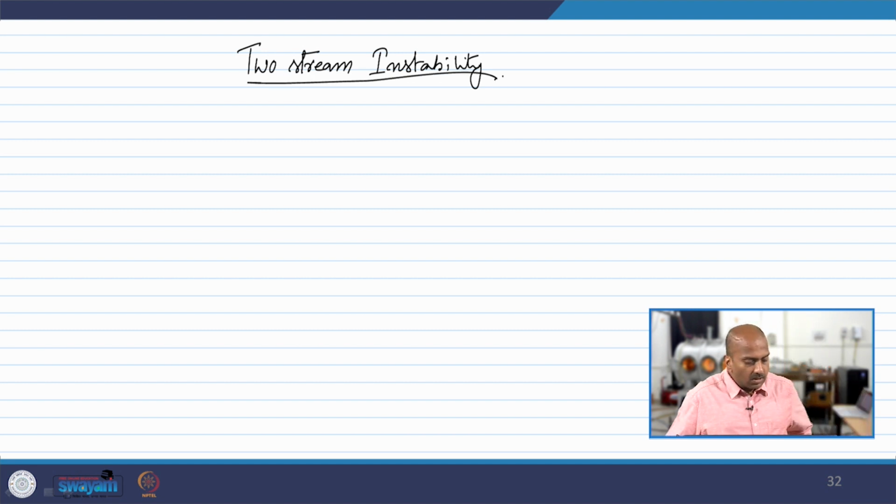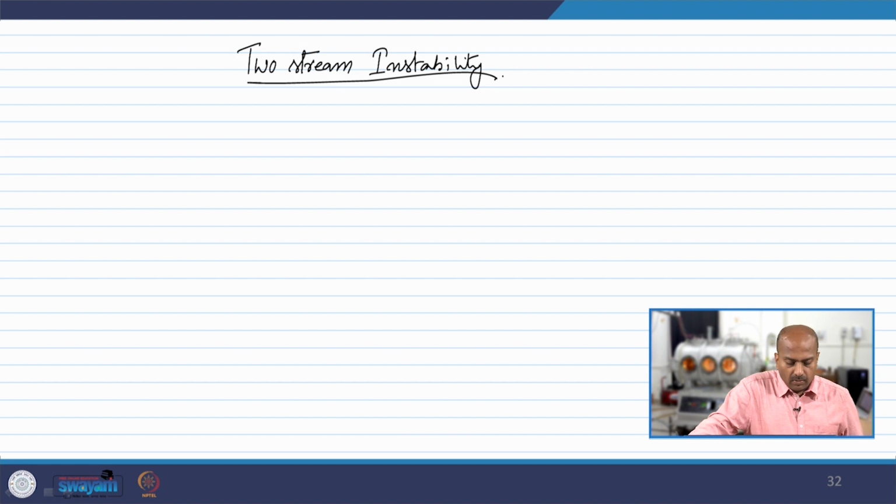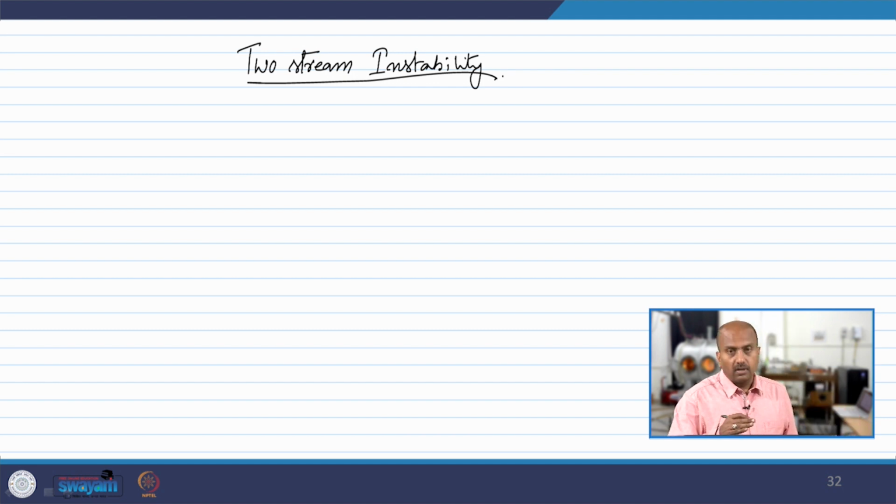What is a two-stream instability? We will just consider two fluids. As an example, we will consider streaming instability in which a uniform unmagnetized plasma in which electrons and ions are basically the two fluids, they are drifting with respect to each other. Now, we are not talking about a situation in which electrons and ions are moving with the same velocity. Okay.